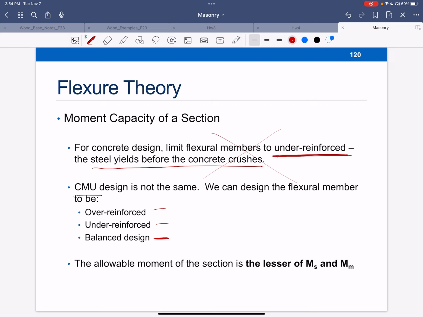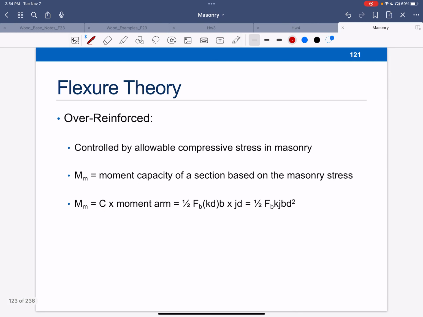The allowable moment of the section is the lesser of the two moments you calculate from these two cases, the steel version controlling or the masonry version controlling. That's the s and the m. Over reinforced means we're controlled by the allowable compressive stress in the masonry. So I want the moment based on the masonry stress.